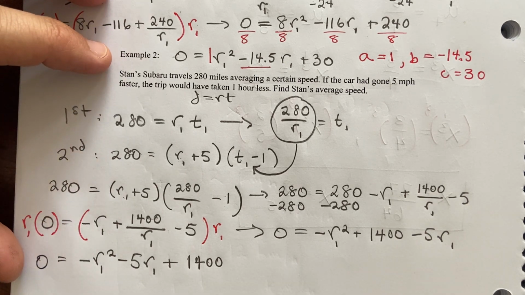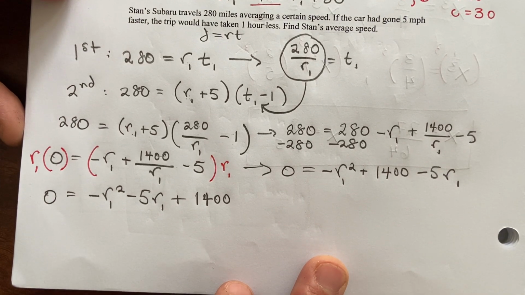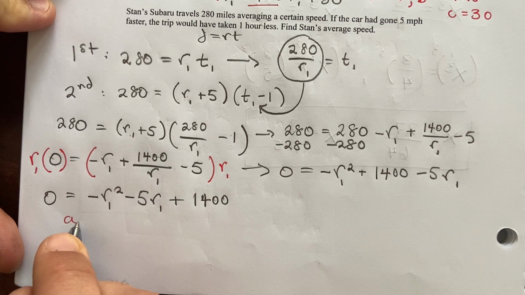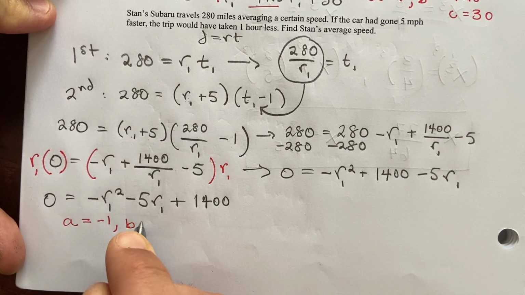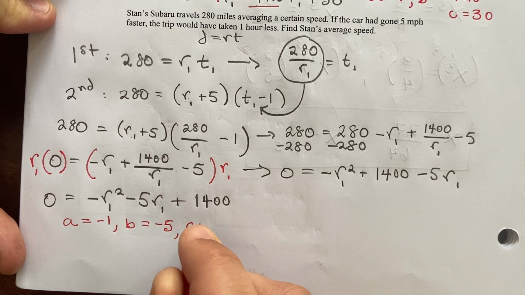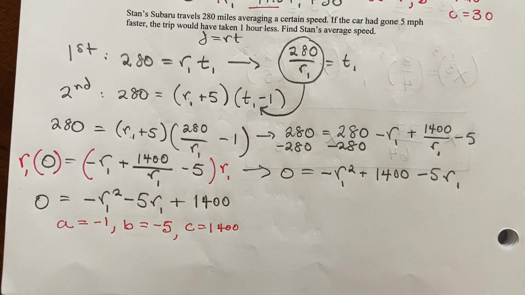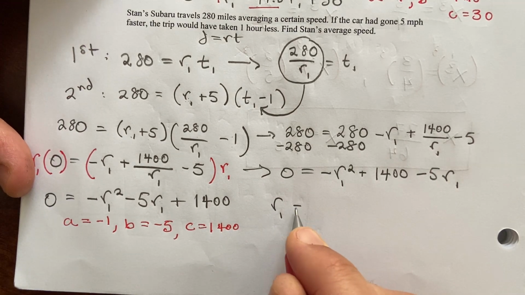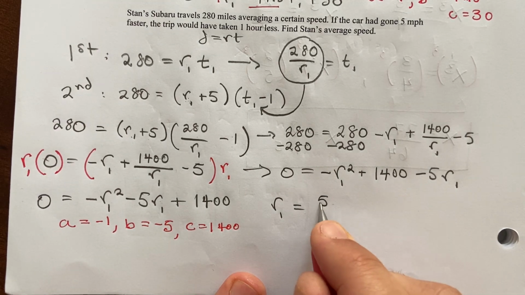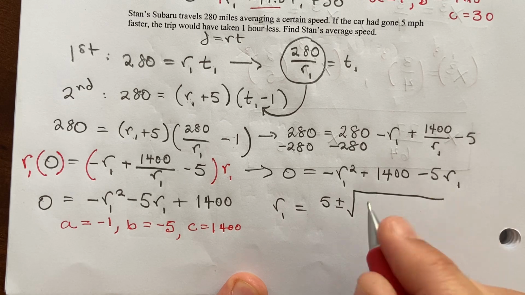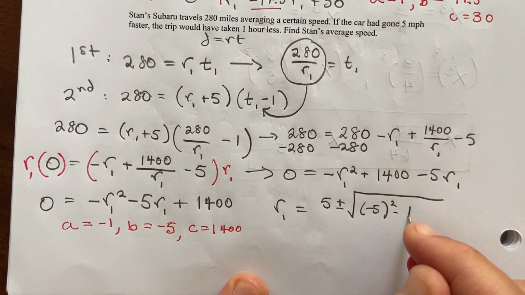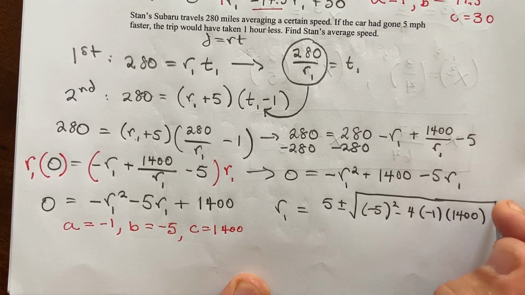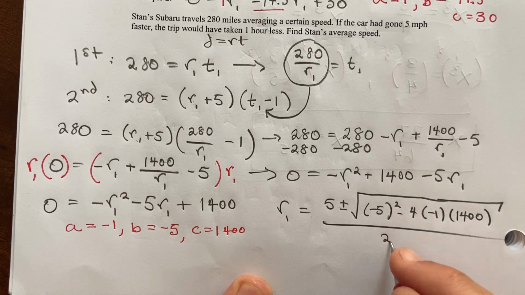Okay, so you can now use the quadratic formula. You have, again, a quadratic equation in the variable R1. So I can say that A is -1, B is -5, and C is 1400. So R1 would equal the opposite of B, plus and minus the square root of B squared minus 4 times -1 times 1400, all over 2 times -1.